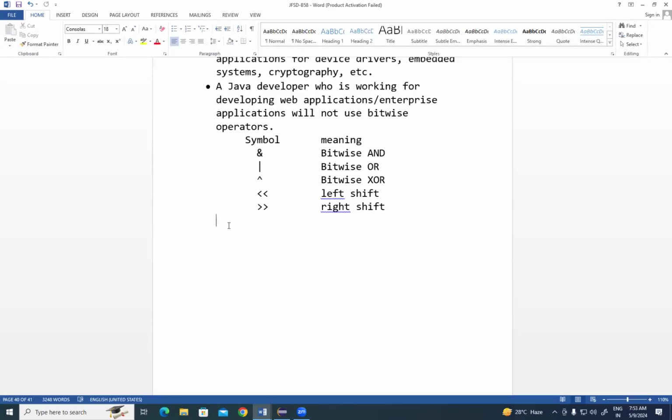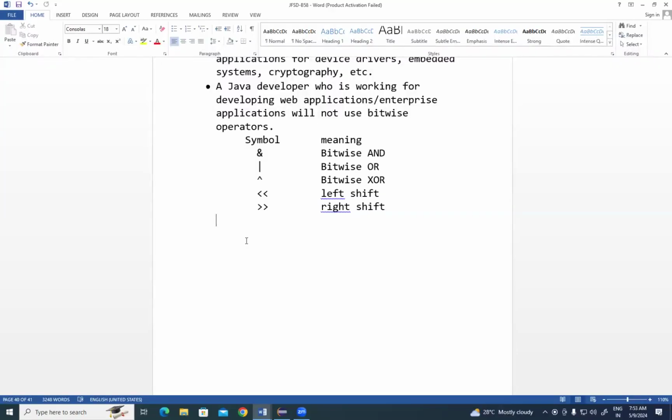So obviously, what I'm trying to tell you is that whatever explanation I'm giving is only in case somebody asks a question in an interview, like, do you know this operator? Or can you tell me what is the output of this? If they ask about a bitwise operator, you should be ready to tell the answer.